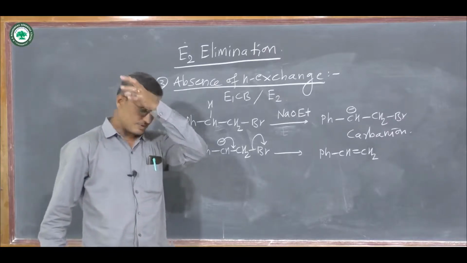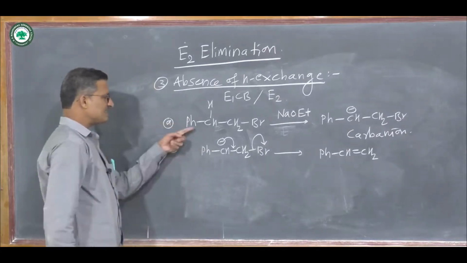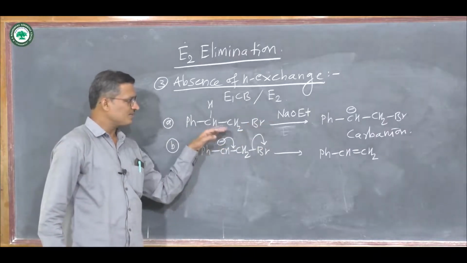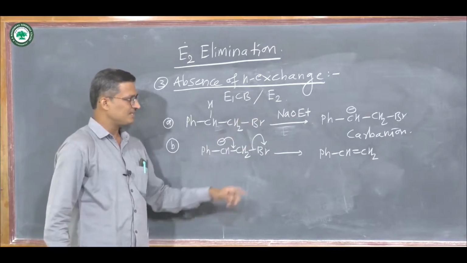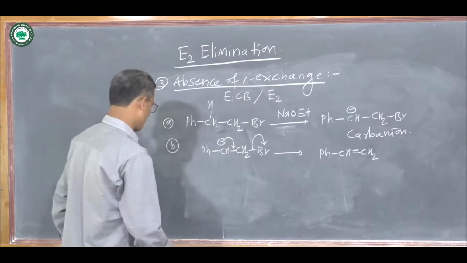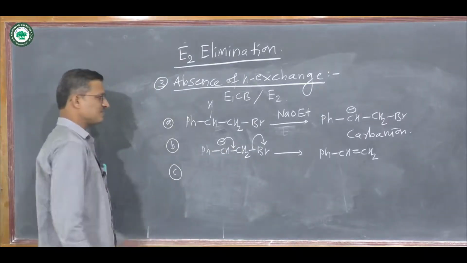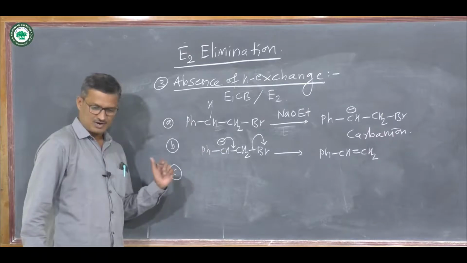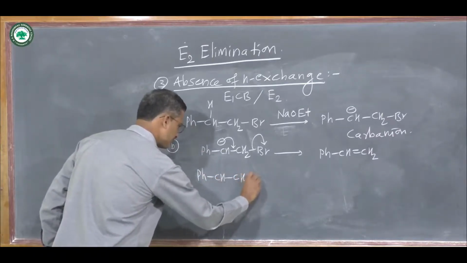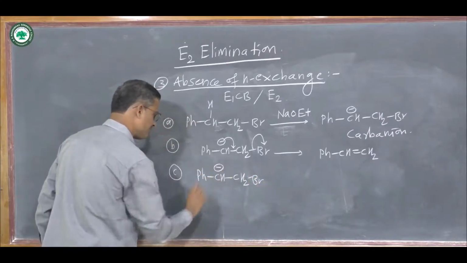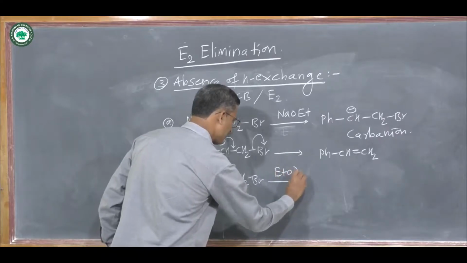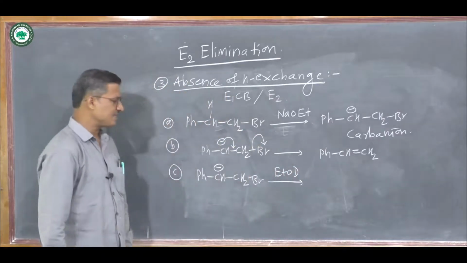But we remember, when you take this substrate with sodium ethoxide, and the reaction is 50% complete, then we add deuterated ethanol. This is the experiment. Suppose the reaction is 50% complete, then in the reaction mixture we add EtOD, deuterated ethanol.